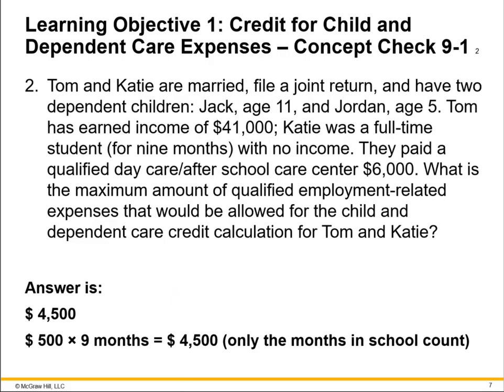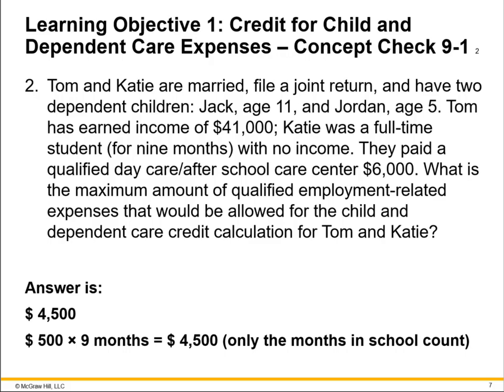Okay, we have a married couple filing jointly with 2 dependent children, Jack and Jordan, both under 13. Tom has 41,000 of income, but Katie is a full-time student, for only 9 months, with no income. They paid $6,000, exactly the maximum you can consider with 2. But we have Katie with no income.